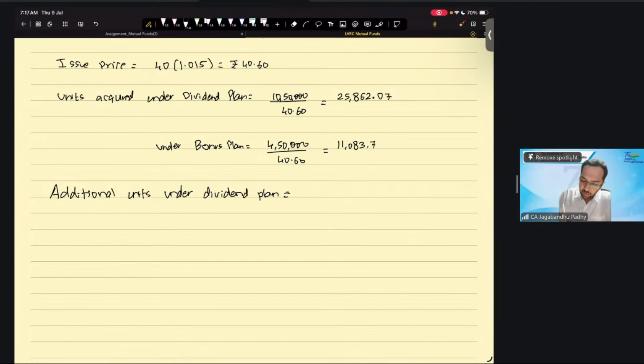First, I need to get the amount of dividend, which we are going to divide by the NAV.